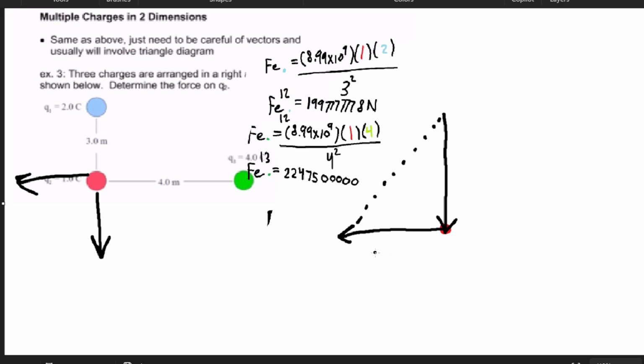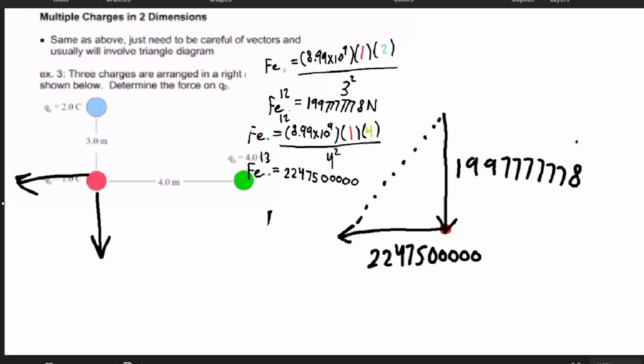The force pushing it left, as we measured, was 224750000, and this was 199777778. So now using Pythagorean, we can determine the net force. And we get that it's 3.0 times 10 to the power of 9 newtons. So yeah, that's our net force.